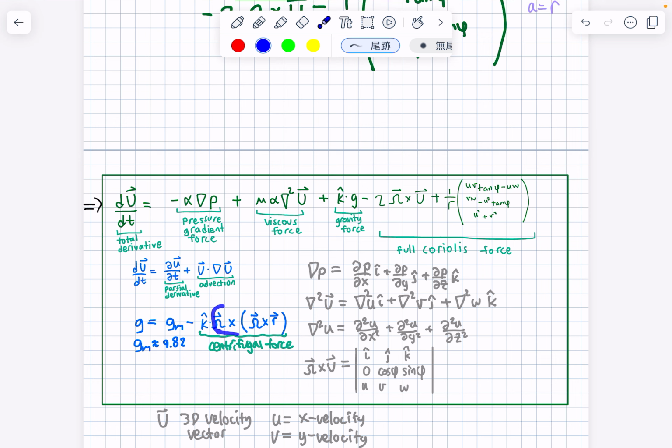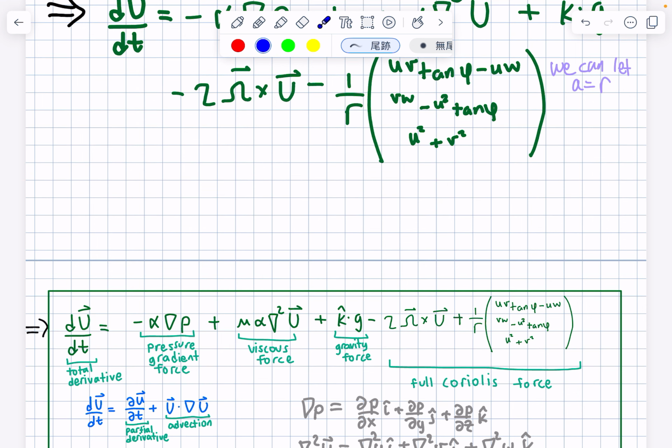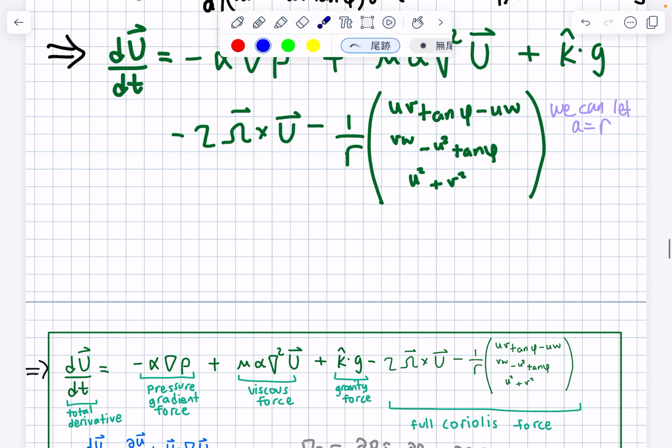And then this centrifugal force, this k and this k will be multiplied to be 1, and this centrifugal force will affect all dimensions, x, y, and z. And then we have a Coriolis force, and then what we just wrote right here, we have the 1 divided by r times the i, j, and k components.